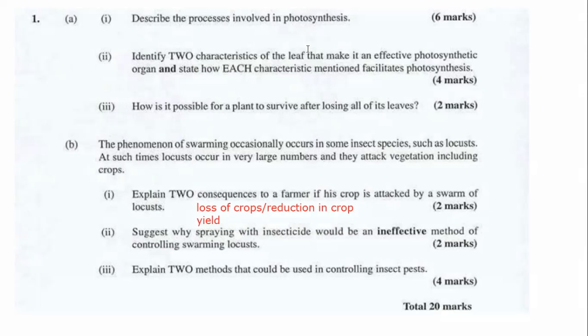How so? Maybe the chemicals, the toxins that are in the spray. No, go again. They would kill other insects and not only the locusts.